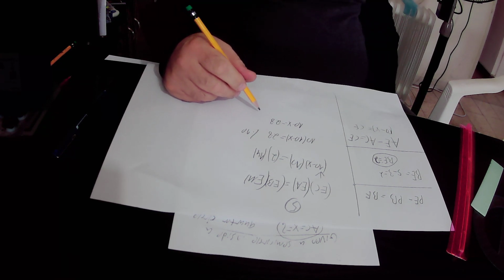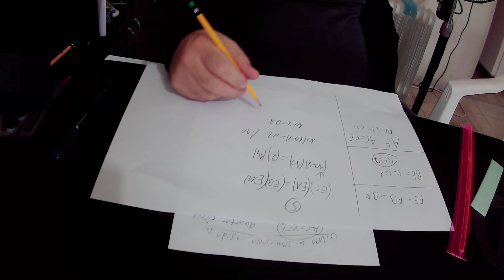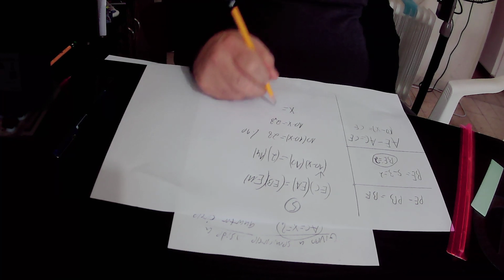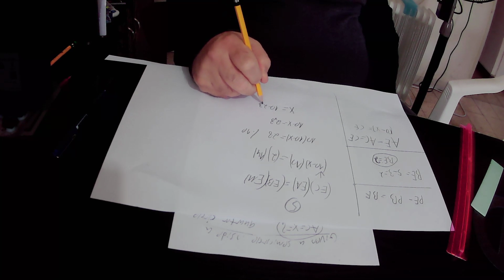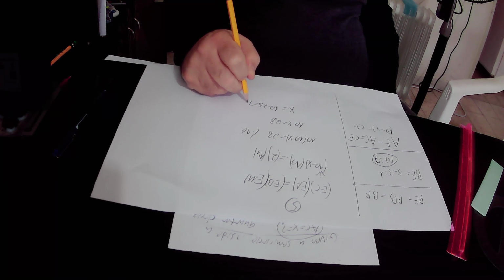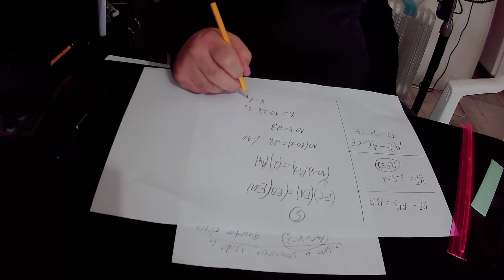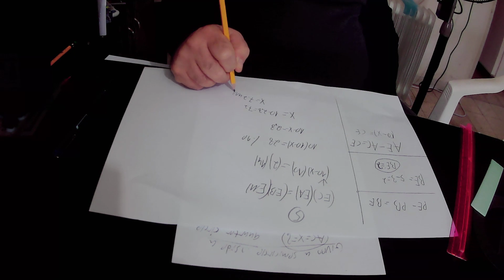We will add x to this equation and subtract 2.8, and we will get that x equals 10 minus 2.8, that is 7.2. So we found out that x equals 7.2 units.